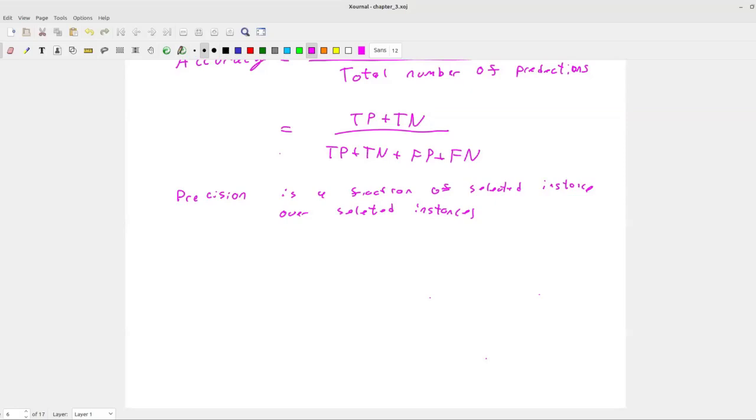And recall is the selected relevant instances over relevant instances.